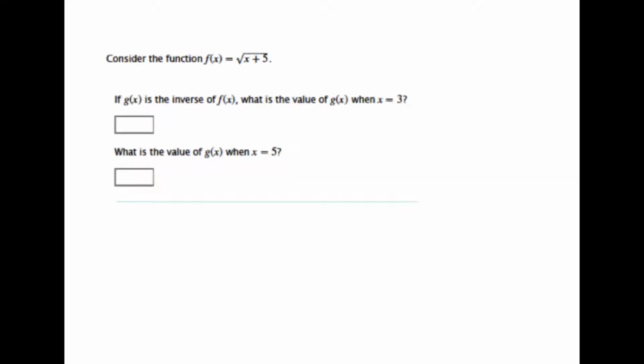Consider this function. If g of x is the inverse of f of x, what is the value of g of x when x is 3? And then what is the value of g of x when x is 5? Okay. If you want, we could just find the inverse. That's when you do x equals the square root of y plus 5.